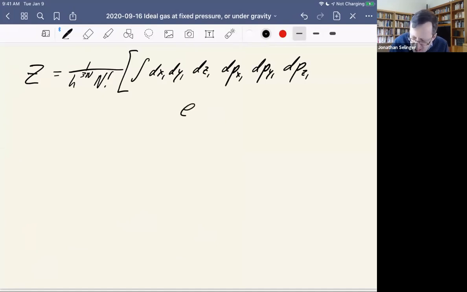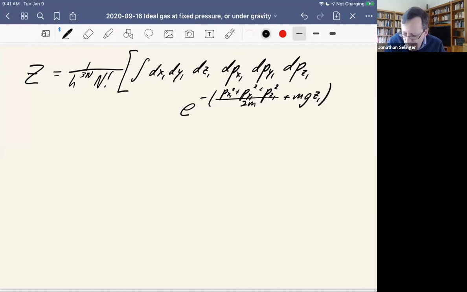And the thing that's getting integrated is e to the minus p1 squared, which I could write out explicitly as e to the minus px1 squared plus py1 squared plus pz1 squared over 2m plus mg z1.